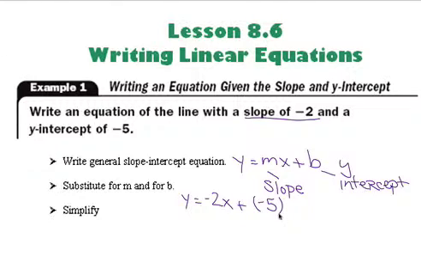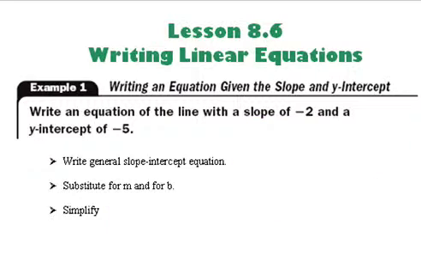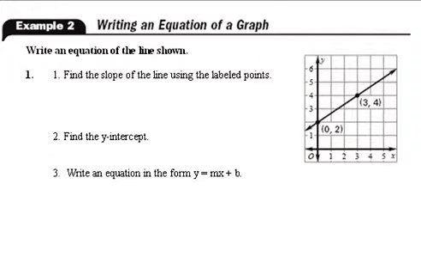Now we simply simplify: -2x instead of plus a -5, we can just say -5. That's all you have to do. So today you're writing the equation. You're not graphing a line today.